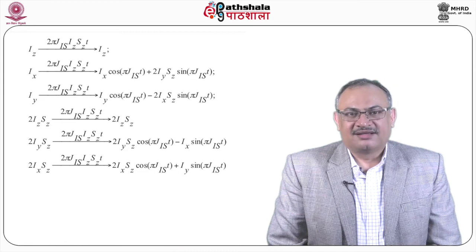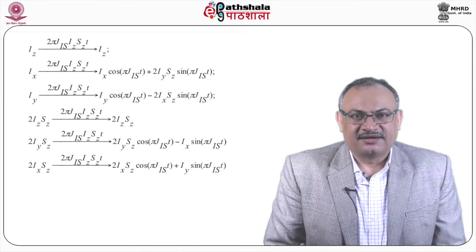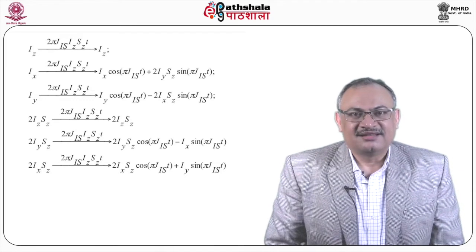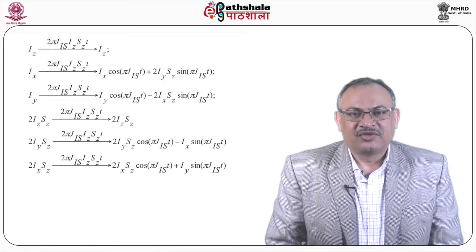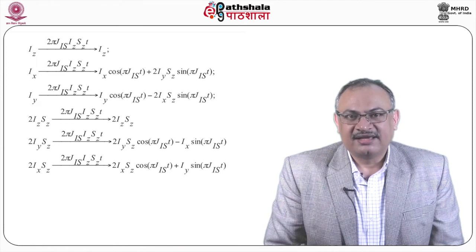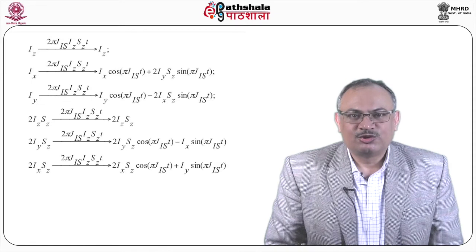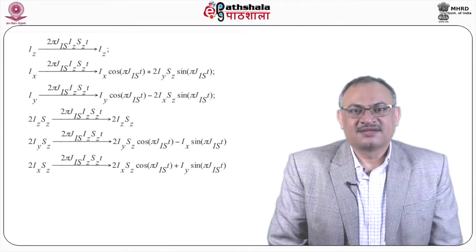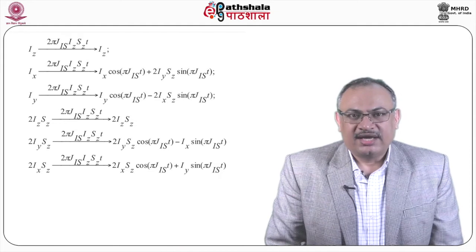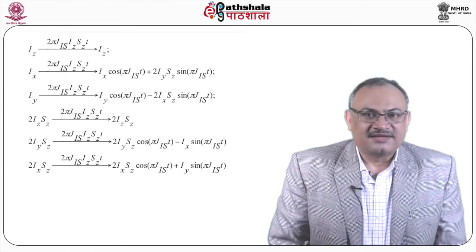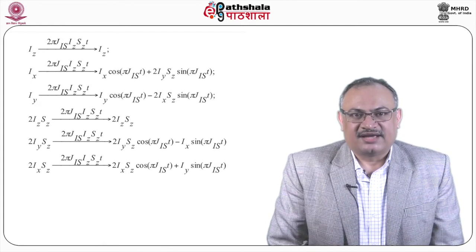When you apply the coupling Hamiltonian, which is written as 2 pi J_IS Iz Sz t, then Iz remains Iz, whereas Ix is converted to Ix cos(pi J_IS t) plus 2 Iy Sz sin(pi J_IS t), and Iy is transformed to Iy cos(pi J_IS t) minus 2 Ix Sz sin(pi J_IS t).